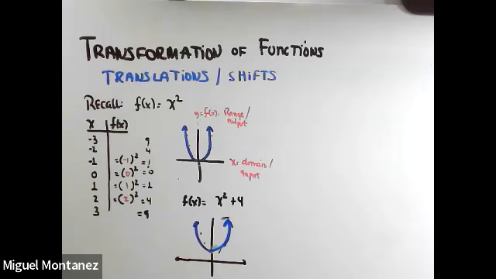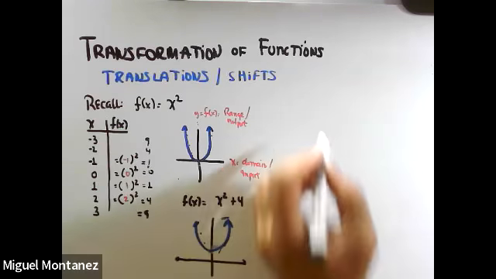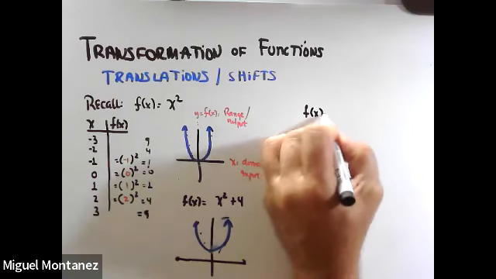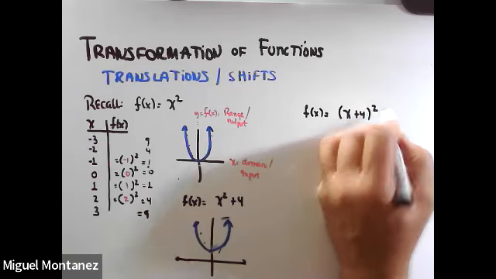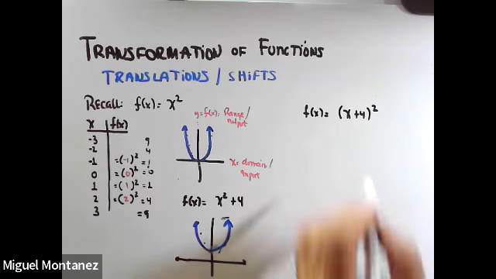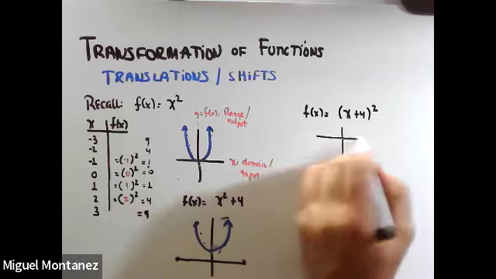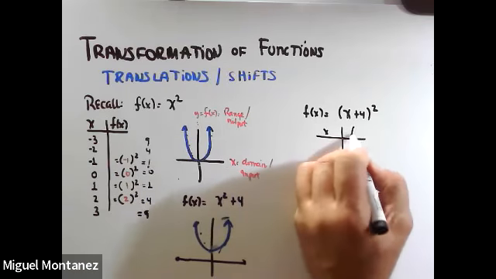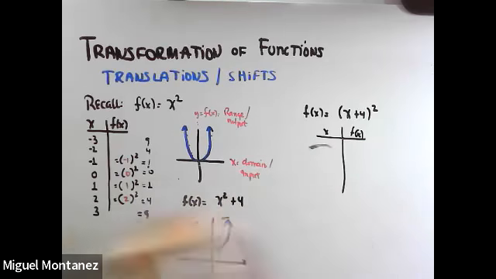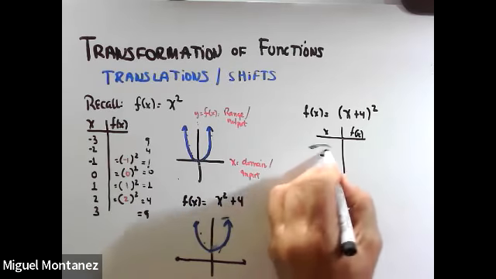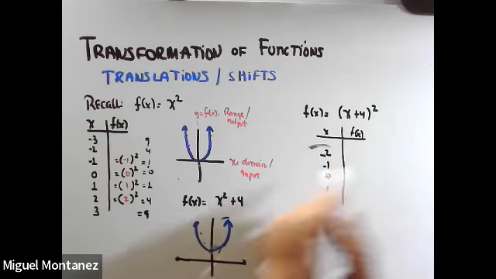Okay, anyways, what if I have the following, folks? What if I have f of x equals parenthesis x plus 4, squared? When we attempt to build the table, I'm going to build it completely. So I have 0, negative 1, negative 2, 1, and 2.